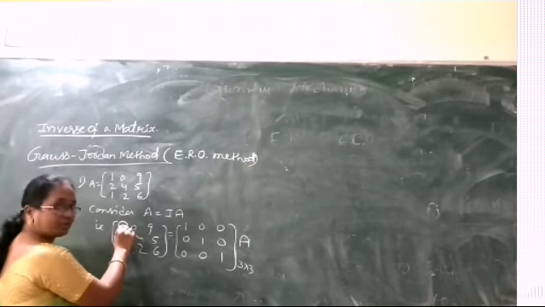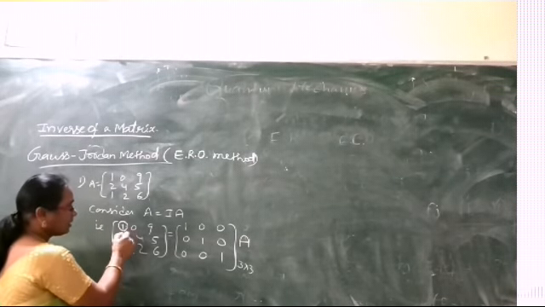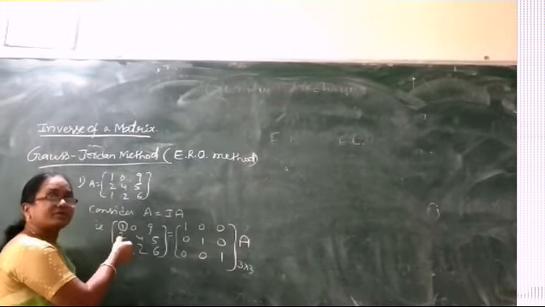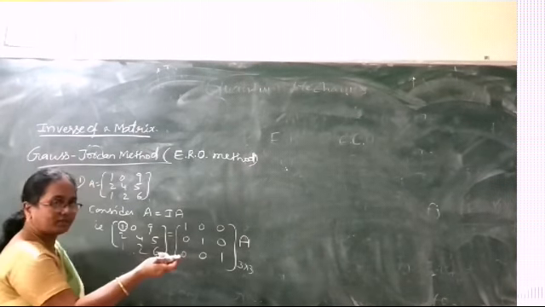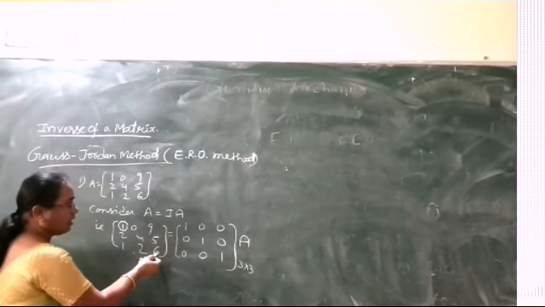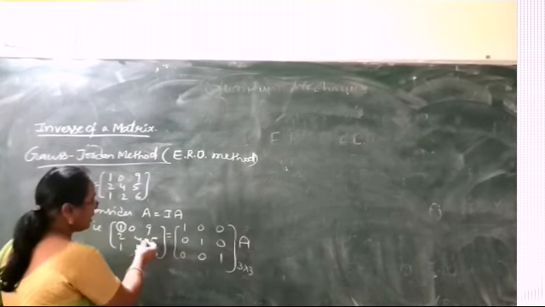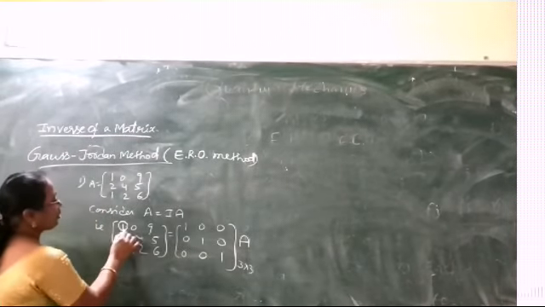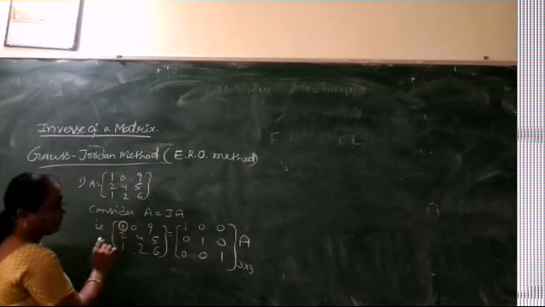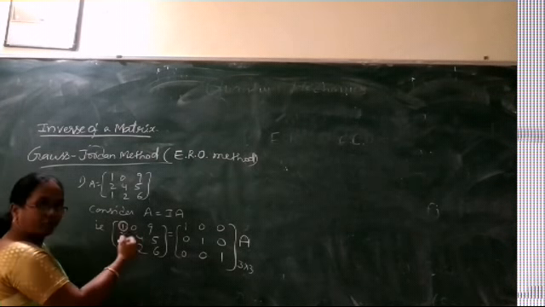Using this first pivot, we make the remaining elements of the column 0 using row operations. The same we follow with the second and third diagonal elements, also called the second and third pivots. That is our process.